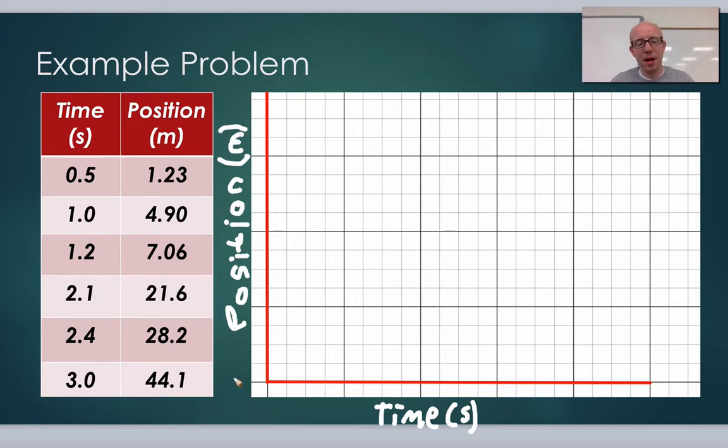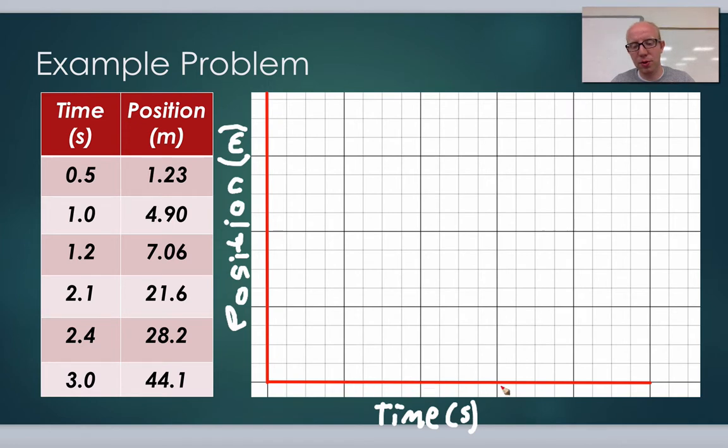Okay. And now we need to determine our axes labelings, our different spacings. So if we look at this and we say, okay, time goes between 0.5 and 3. Basically, we can say it goes from about 0 to 3. So we got a range of 3. We got quite a bit of squares. I'm going to think of these specific grid lines right here.